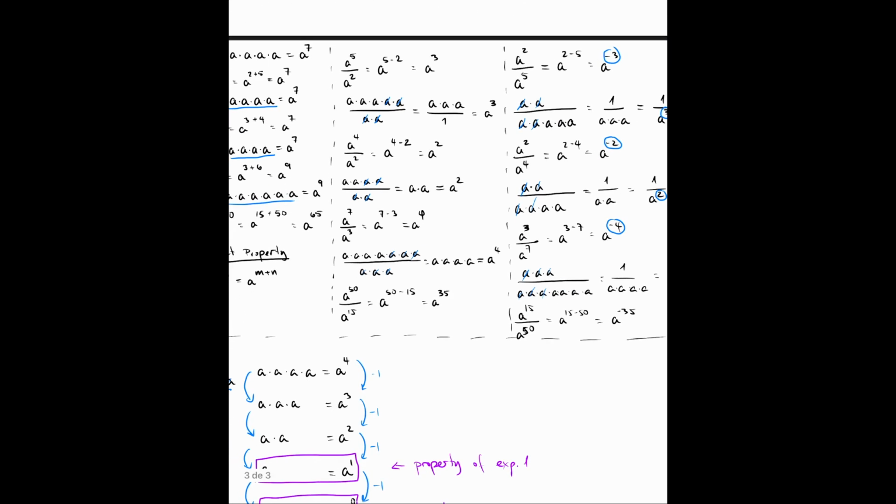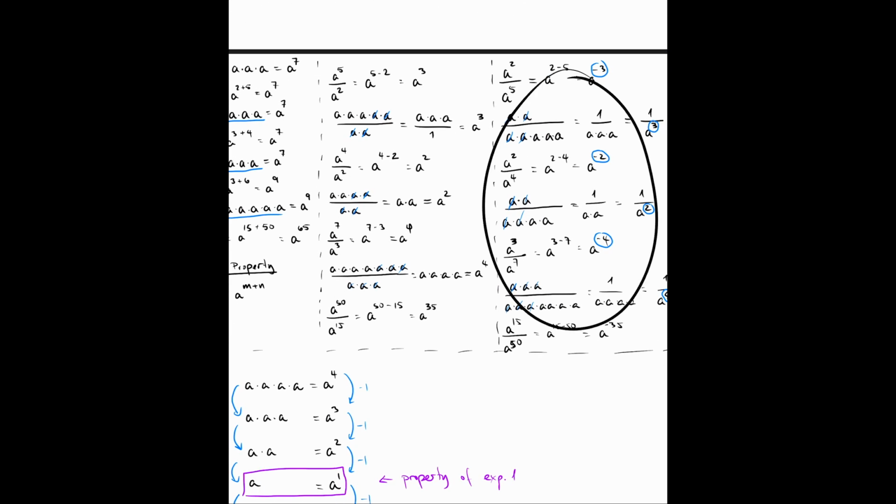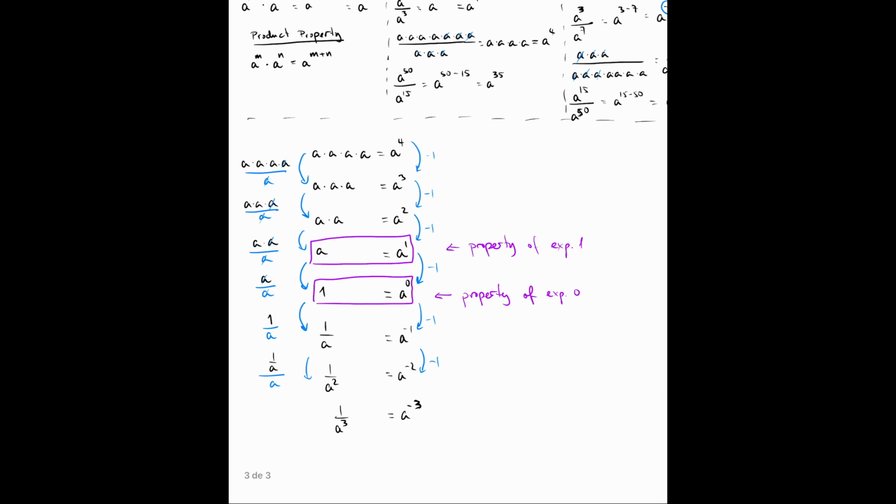Well, back when we first looked at this, I mentioned that it was weird and that maybe the rule broke down. Maybe the pattern that we noticed didn't work when the exponent in the numerator was smaller than the one in the denominator. But we just got the same exact result with a completely different method.